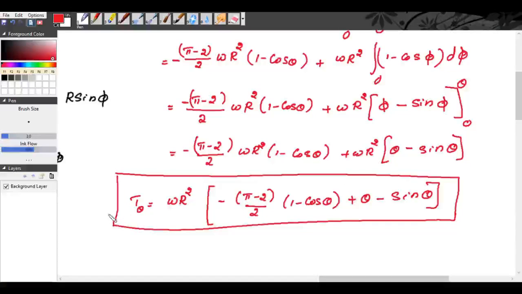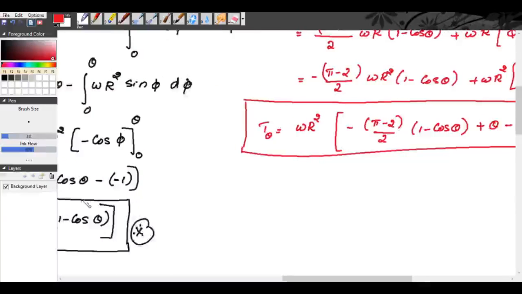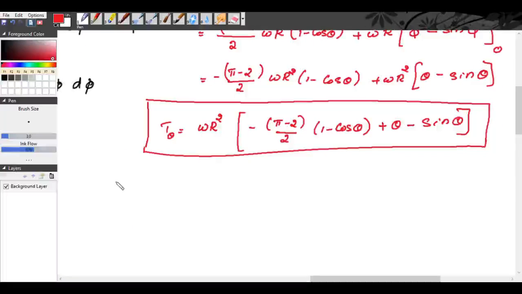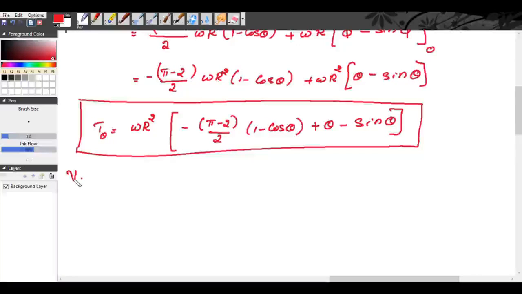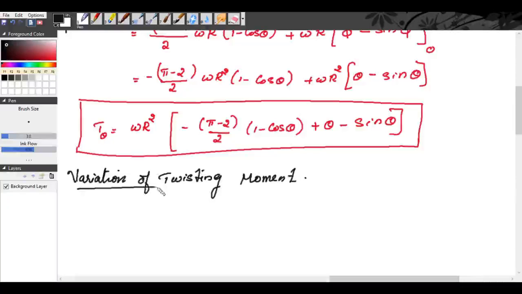Now we will find the variation of twisting moment. At A, theta is equal to 0.